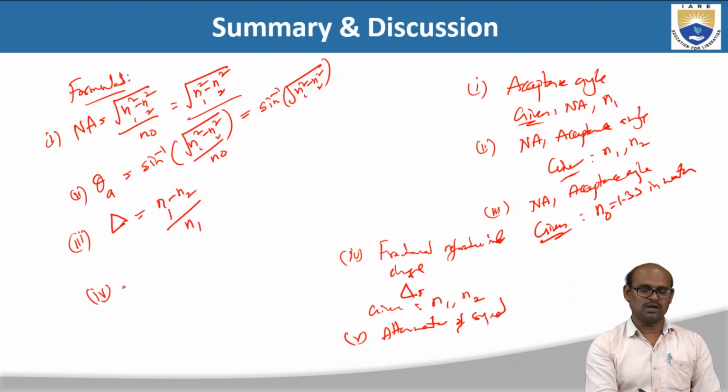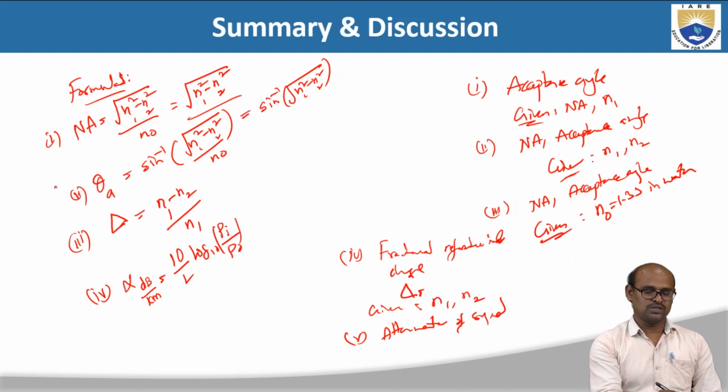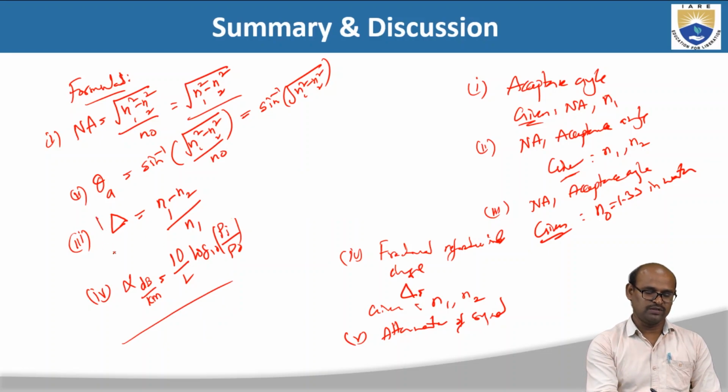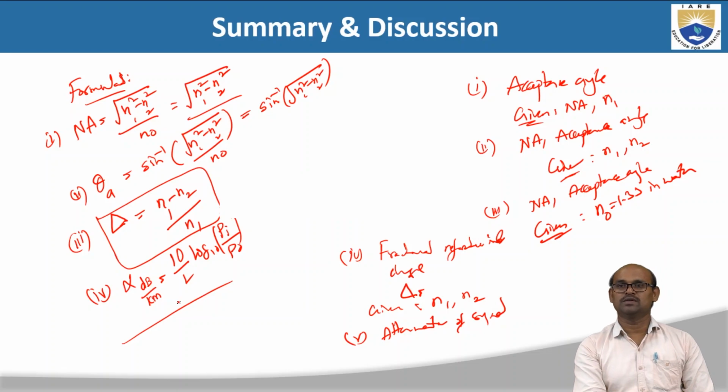And the fourth formula we have used is the attenuation coefficient, alpha, in units of decibels per kilometer, that is 10 by L log 10 of input power by output power. So these are the four formulas we have used in solving the different numerical problems on optical fibers.